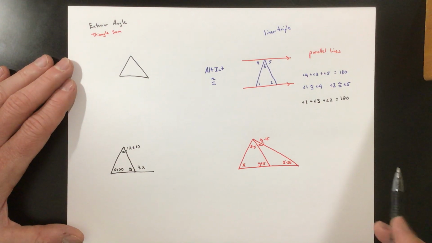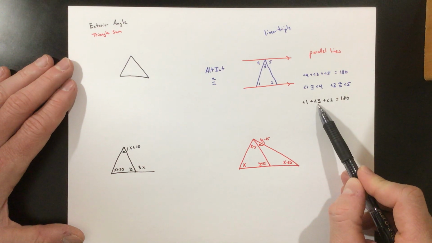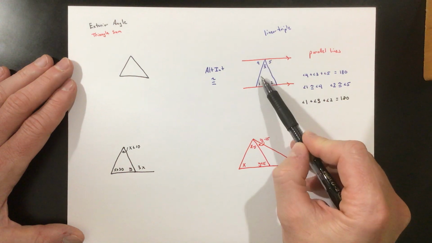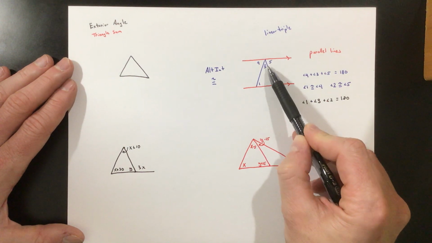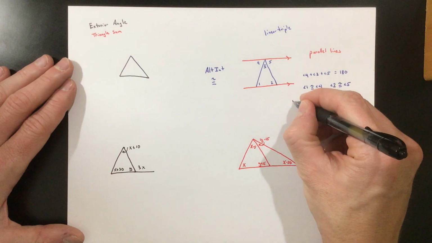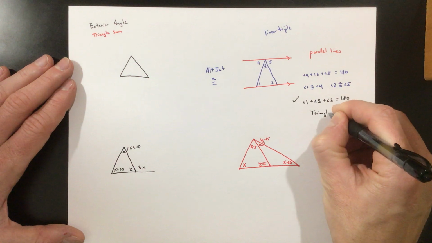And what we have now is that angle 1 plus angle 3 plus angle 2 equals 180. Now we've shown that no matter what that triangle looks like, the sum of the interior angles 1, 2, and 3 equals 180 degrees, and therefore we prove the triangle sum theorem.